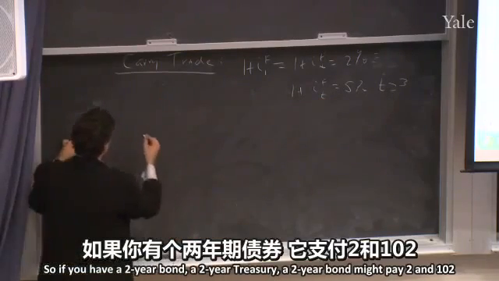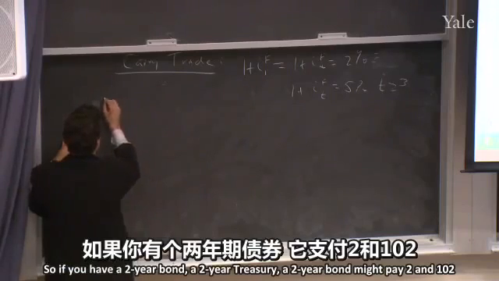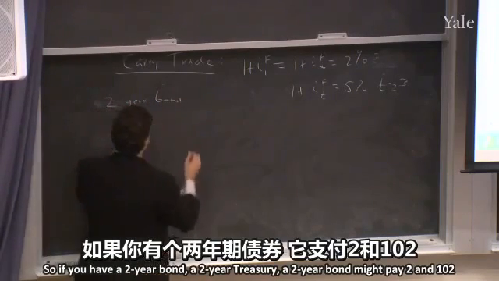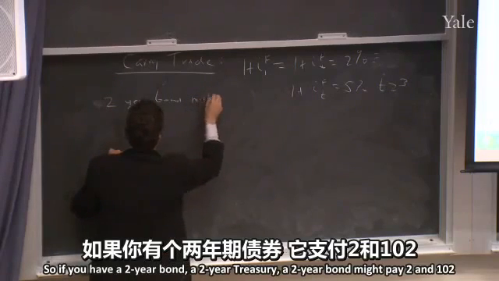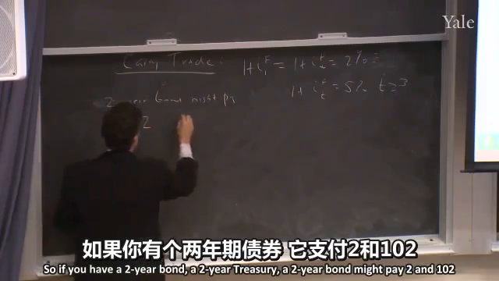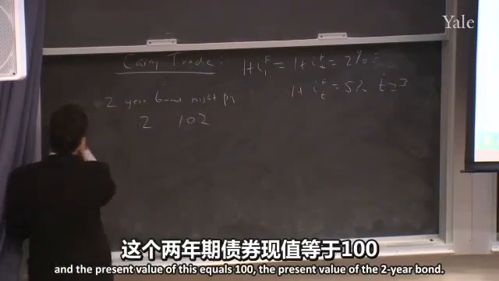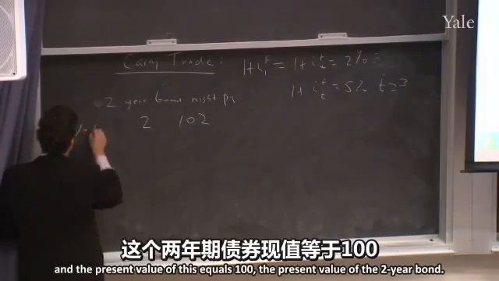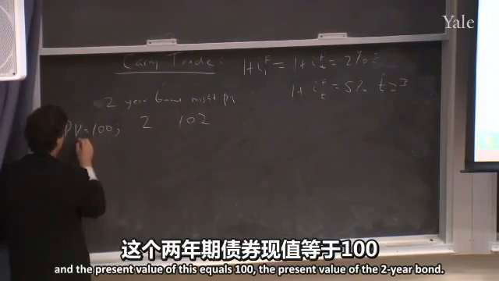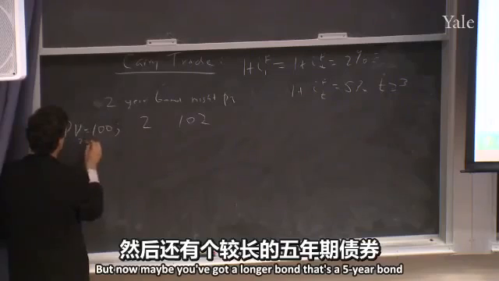All right, so if you have a 2-year treasury, a 2-year bond might pay 2 and 102, and the present value of the 2-year bond equals 100.